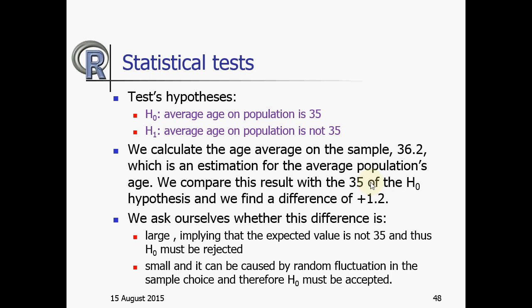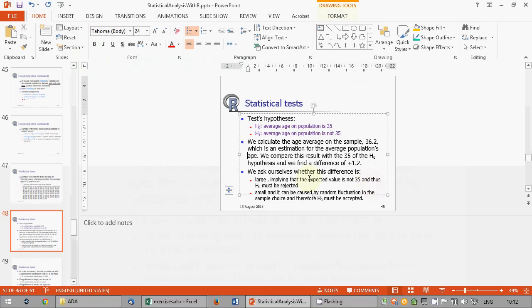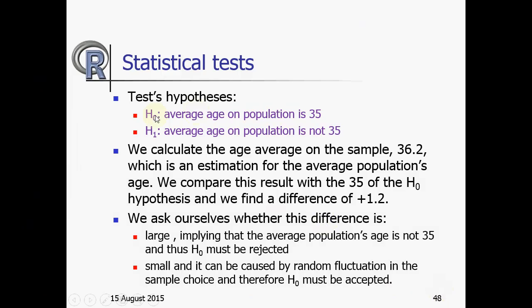Now we ask ourselves this important question, which is crucial. Is this difference of 1.2 large, and does this mean that the average age of the population is not 35, and that therefore we must reject H0 and H1 will be the correct hypothesis?